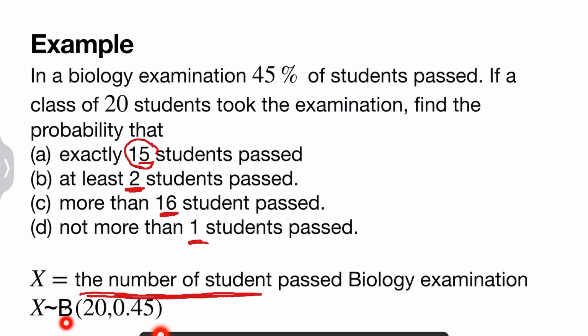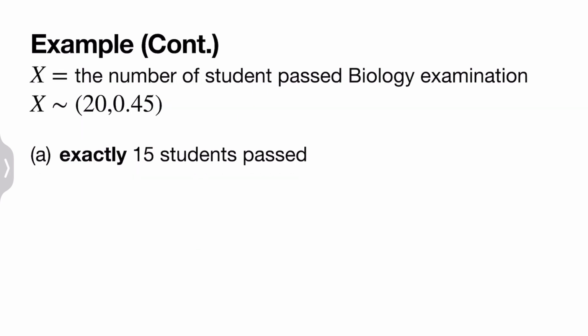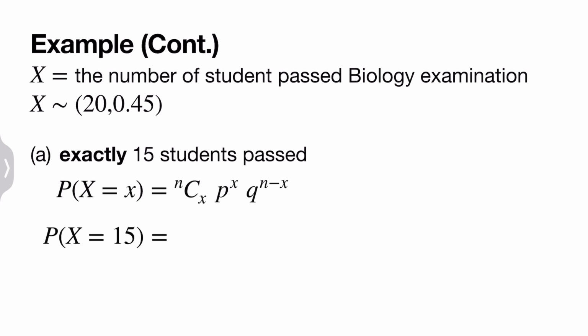X has binomial distribution. This is N. Where is N? This is 20 students. So N is 20, 45%. Probability can be written in percentage. So 45% is 0.45. Exactly 15 students passed, using a binomial formula. N is 20, so 20C15.